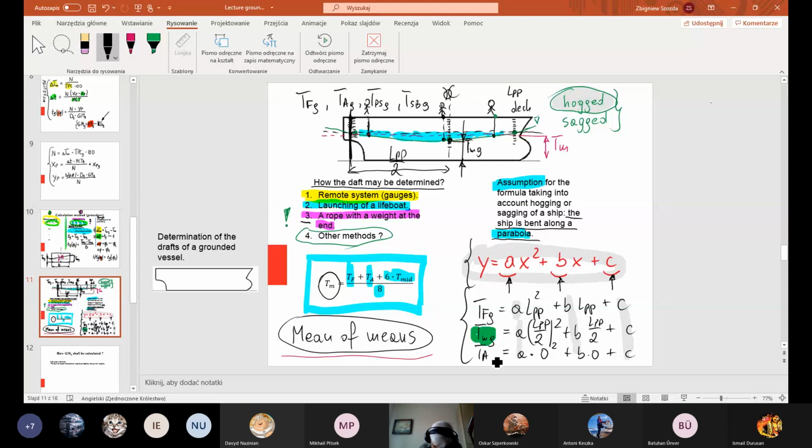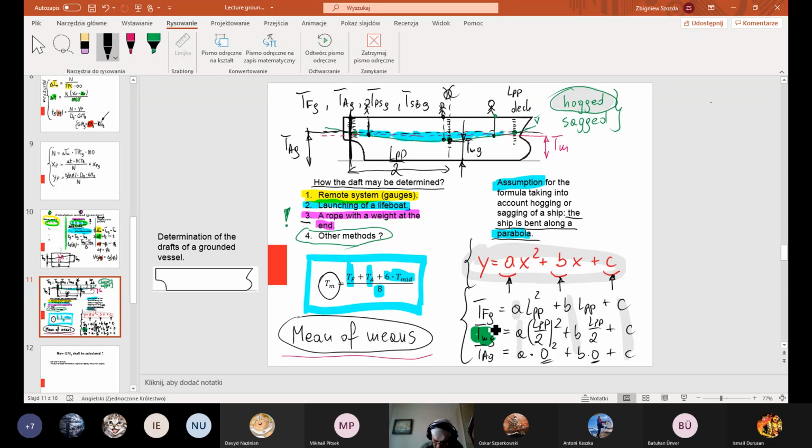Sorry, I will put here G after grounding. So it will be T aft after grounding, draft aft after grounding. The longitudinal ordinate of this point is just 0. This is the reason why I put here 0.